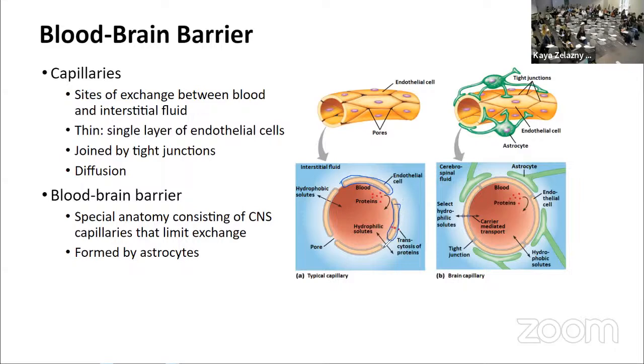So here you can see pores between those endothelial cells. And we can see that the label says that some hydrophilic solutes are able to travel through those pores. We don't want that to happen in the brain. We want to really control everything. So we are going to join everything tighter. Those capillary walls are going to look different. We've got tight junctions here.